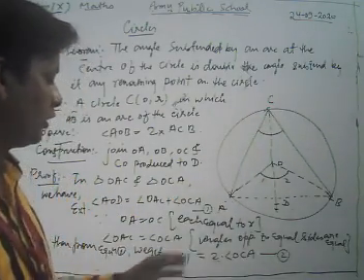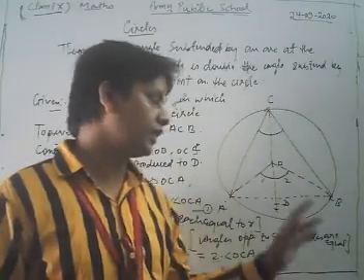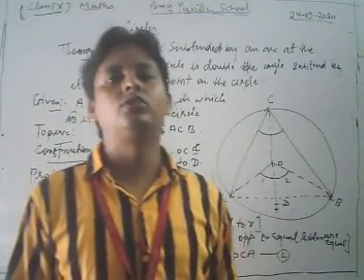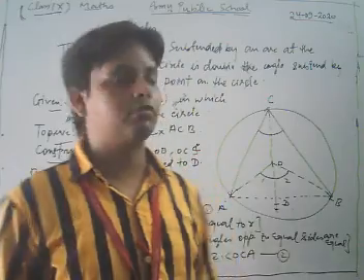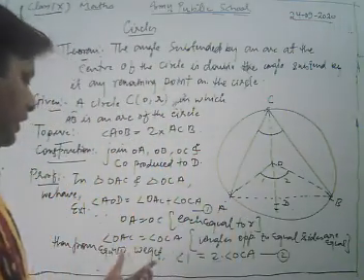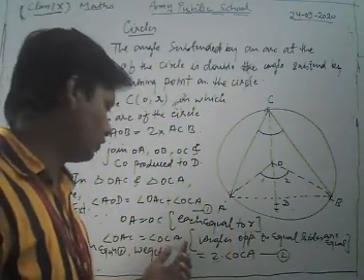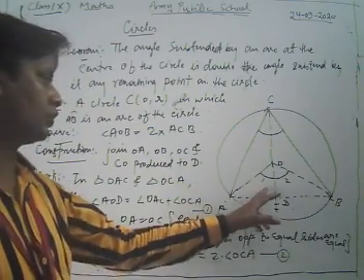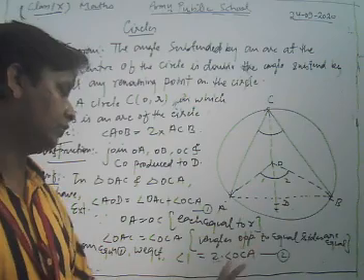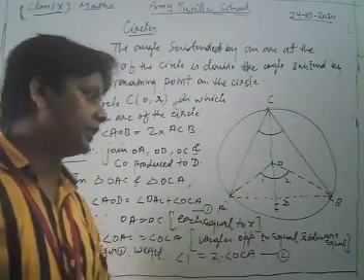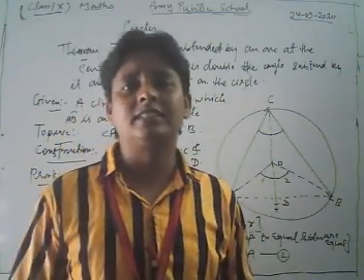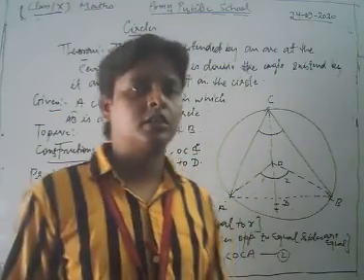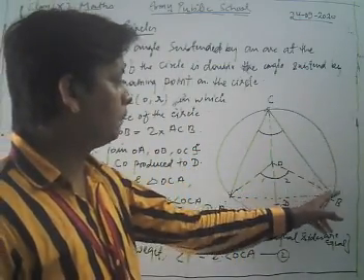In triangle OAC we have OA equal to OC, and we know that angles opposite to equal sides are also equal. So angle OAC is equal to angle OCA. So by equation 1, taking angle AOD as angle 1, angle 1 is equal to 2 times angle OCA. Dear students, same method, same process we apply for triangle BOC.